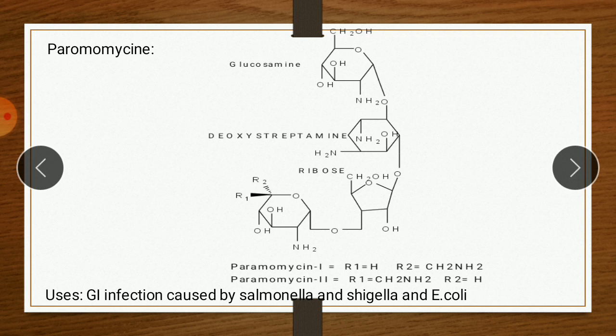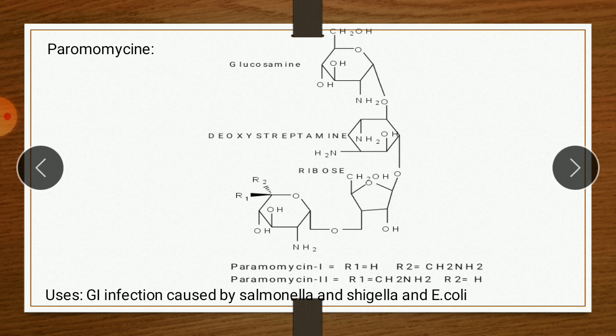Similarly, Paramomycin 2 has structural similarity with Neomycin C, but instead of a CH2NH2 group, it consists of CH2OH. In short, Paramomycin 1 equals Neomycin B, Paramomycin 2 equals Neomycin C, except for the above group. Paramomycin 1 and 2 contain a CH2OH group, but in case of Neomycin, there is an NH2 group.